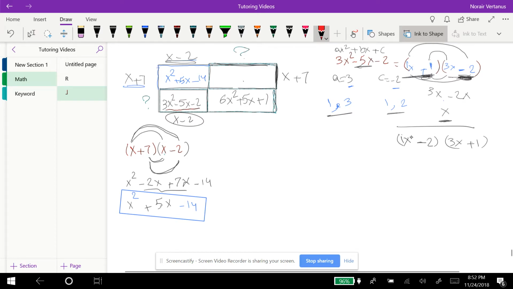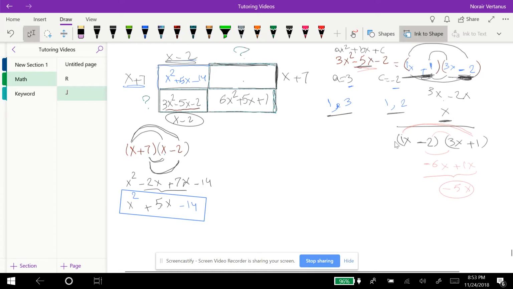So I'm going to multiply these two farther ones together and two close ones together. For the two close ones together, I'm going to get -2 times 3x, which is -6x. If I multiply these two farther ones together, I'm going to get just +x or 1x. If you add these two, see, we made -5x, which is what we needed.